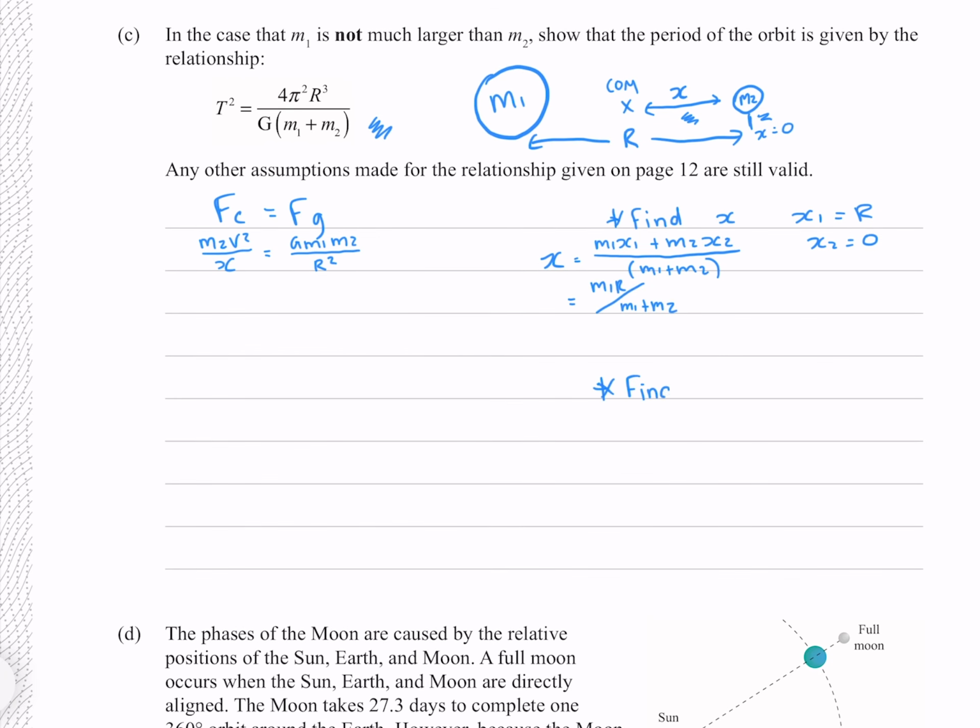Let's now find v. We know that velocity is distance divided by time, where the distance is our circumference, 2πx. Remember that we're using x because x is the radius of our motion, not r. And our time is just our period. We can write our v² as 4π²x² divided by T², making that substitution.